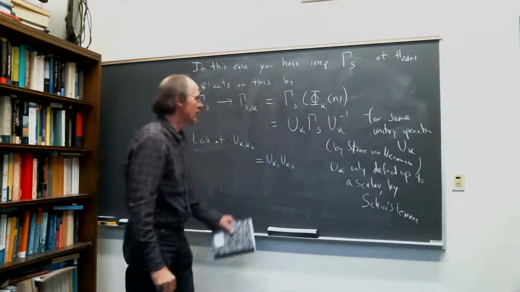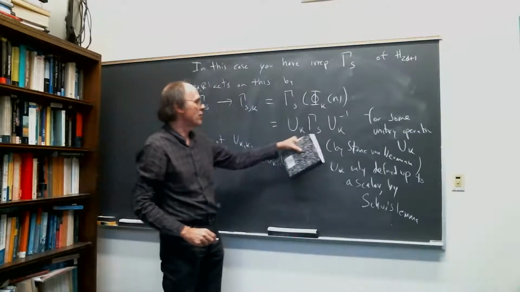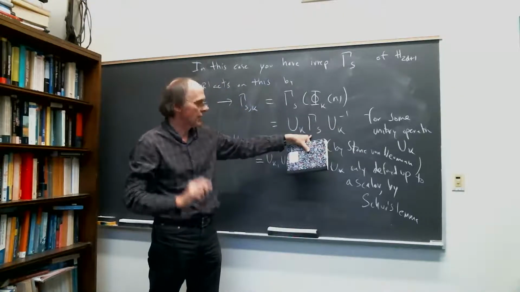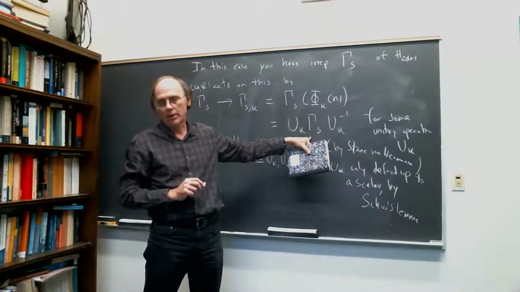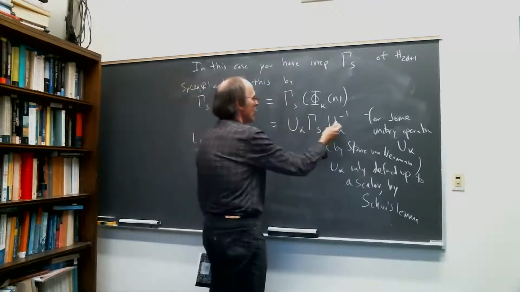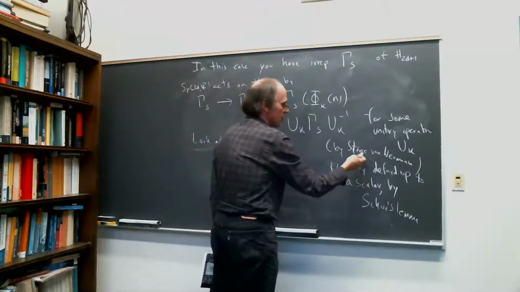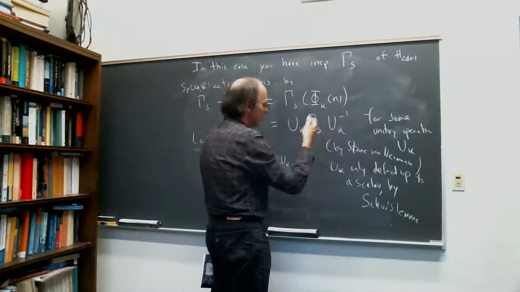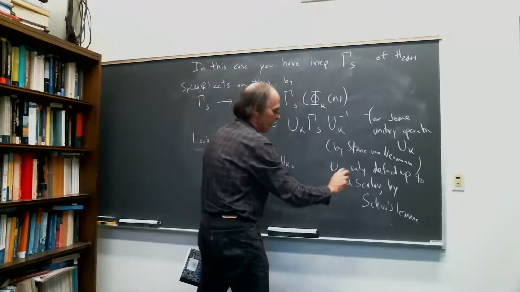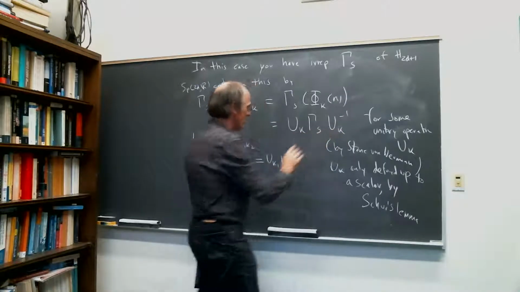Okay, so you've got these operators which commute with an irreducible representation operator, and that condition, by Schur's lemma, implies that you can only define these things up to a scalar.